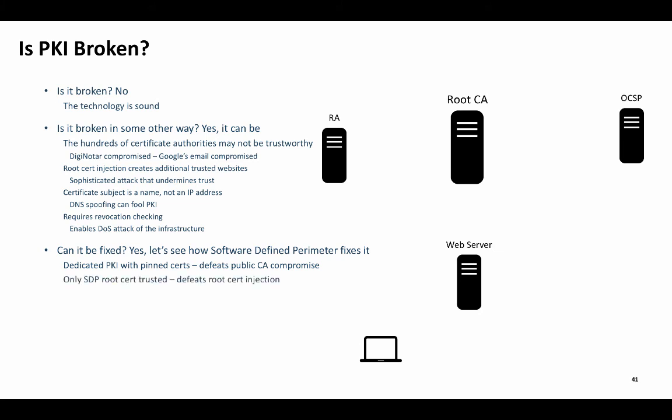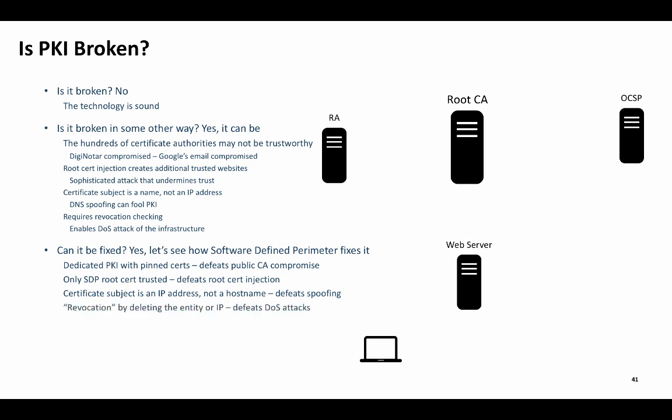It also means that injecting additional root certificates won't affect the software-defined perimeter protocol because it only trusts the software-defined perimeter root certificate, not an injected root certificate. And the software-defined perimeter is immune to DNS spoofing because the common name on each server certificate is an IP address, not the host name of the server, something that can be spoofed.